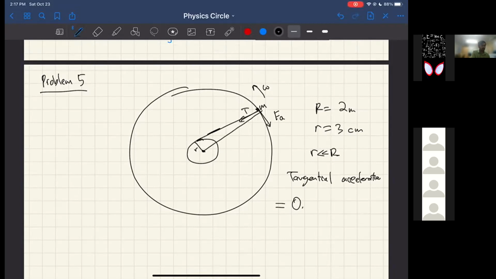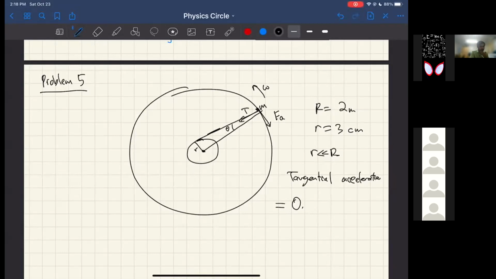Very similar to this problem we did before. So if I define this angle to be theta, it points along the string.